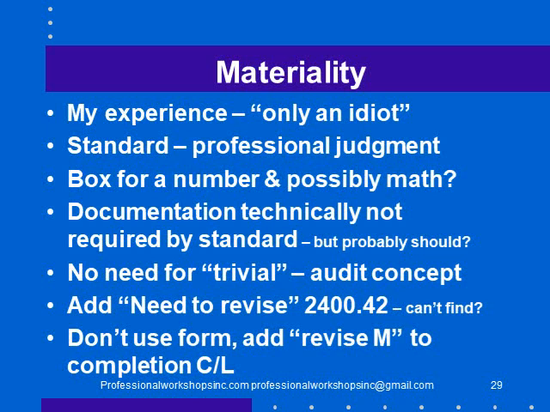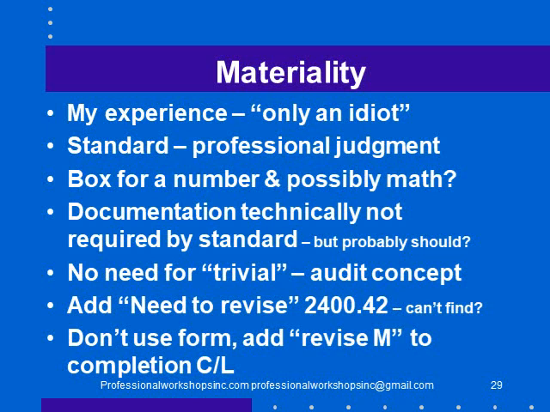So my inclination with this, because I think the same thing's going to happen with this form that happened to me, is a box. In my professional judgment, materiality is blank. And if you want to just write down $50,000, that's fine. And if you felt like an asterisk, that is 10% of net income before tax, that'd be fine too, but you don't have to.